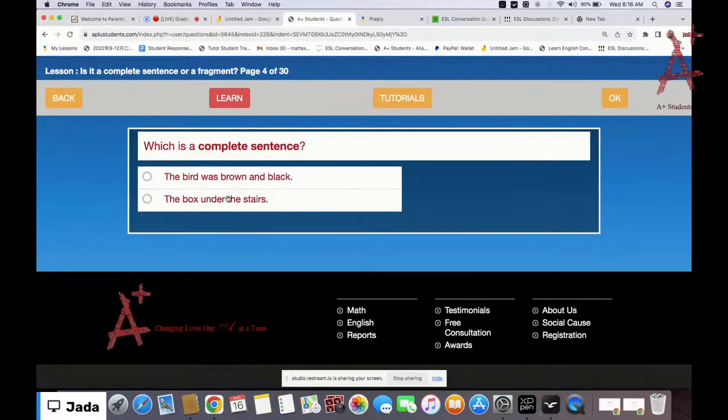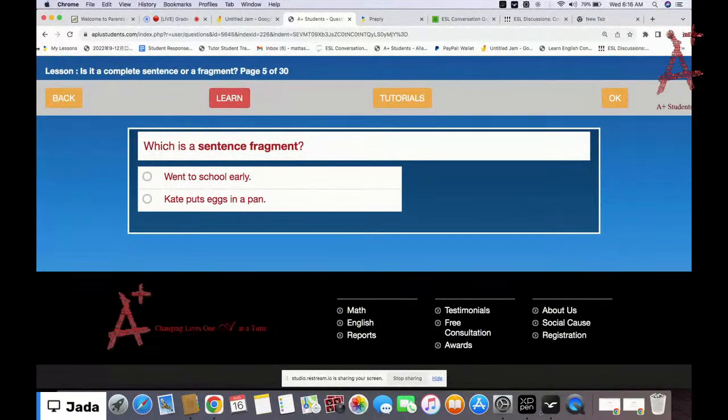All right, so now what are we saying here? The complete sentence. Is it going to be the box under the stairs or the bird was brown and black? So let's say that you have no idea and you click on this one. You see that it is wrong. Oh, I'm so sorry, it went fast. So the box under the stairs is actually wrong because it's a sentence fragment. So you need something to add to that sentence. Okay?